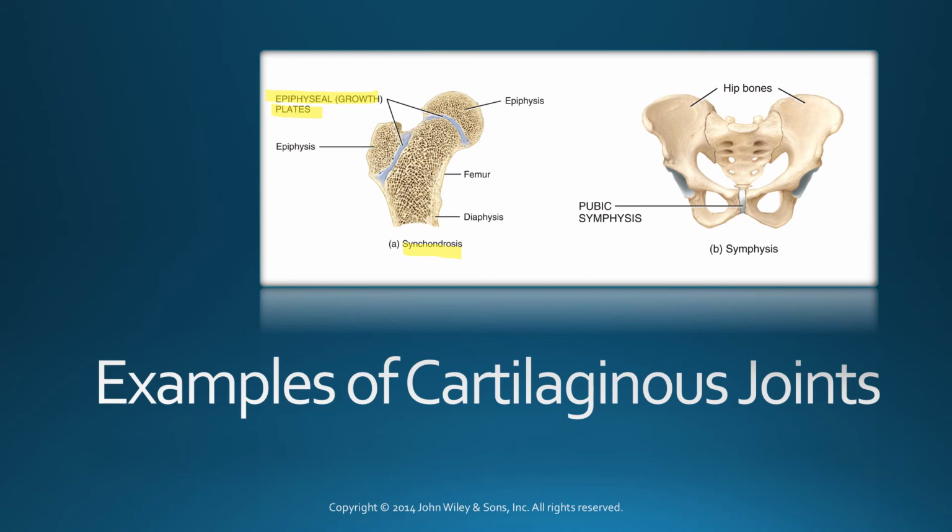Functionally, a synchondrosis is an immovable joint, so we would classify that functionally as a synarthrosis. And when the bone elongation stops, bone replaces the hyaline cartilage and the synchondrosis becomes a synostosis. Remember, that is a bony joint. So then it becomes a synostosis.